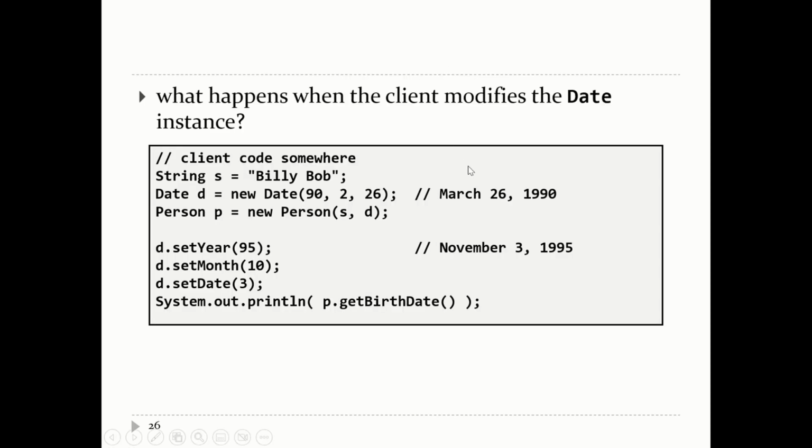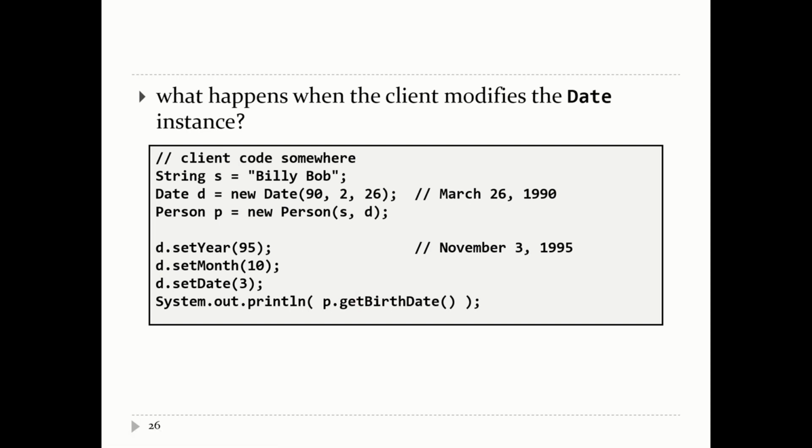So what happens if someone changes the date? It turns out date is mutable, so you can change the time that a date object represents. You can set the year, the month, the date, the hour, the minute, and the second, I think. So we change the date to November 3rd, 1995. We're going to use the date object D here to change the date.